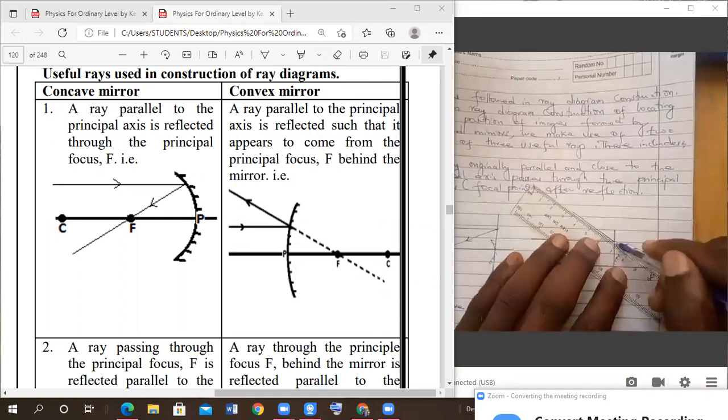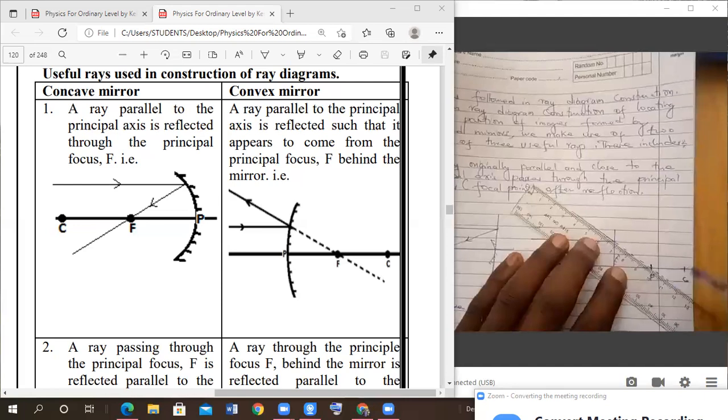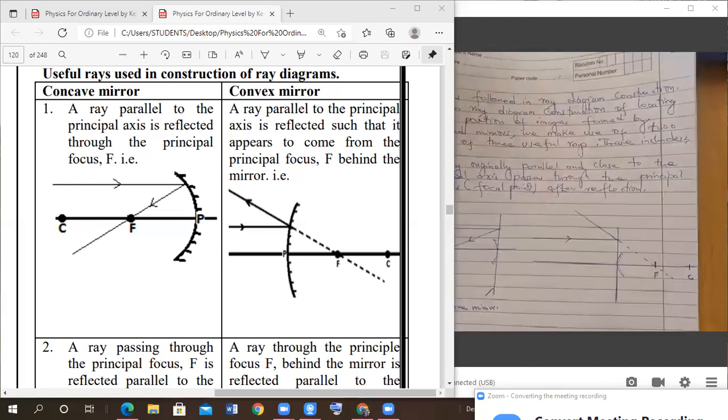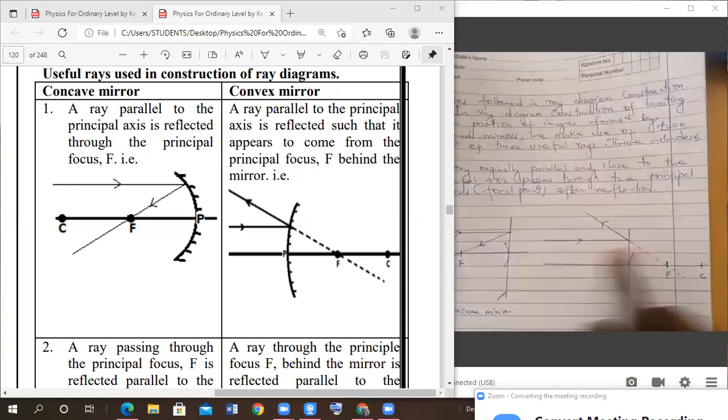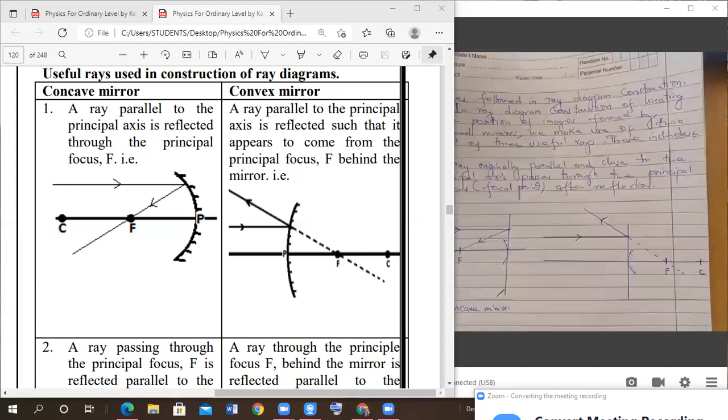Then it will appear to be coming from where? From the principal focus. So incident, reflected. That's how it should be. Okay? Members, are we together on that? Yes.